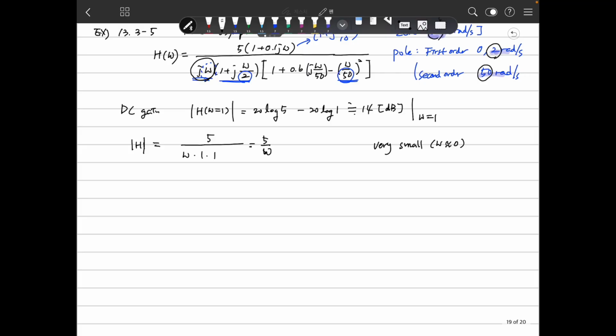So 20 log H will be 20 log 5 minus 20 log omega, at very small frequency. That means at the start, with log omega, the slope is minus 20 dB.